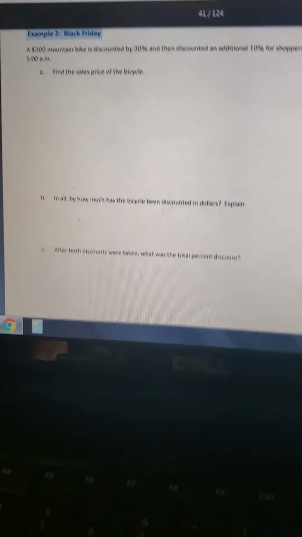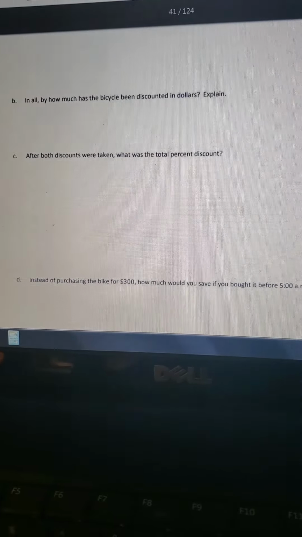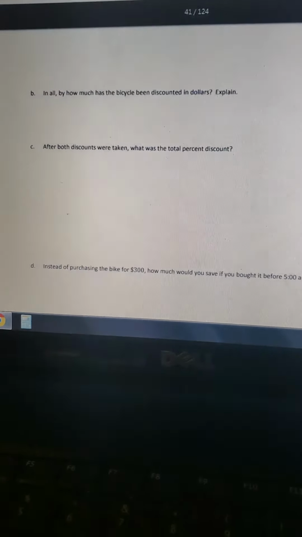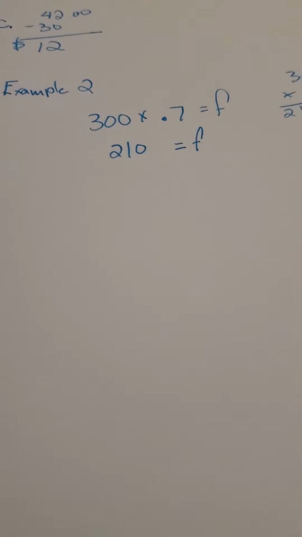Okay, now it says, after both discounts were taken, what was the total percent of discount? Okay, so this one is a little bit more complicated. So they said 30% discount for the sale, but then another 10% off if you buy it before 5 a.m. or something, I believe. So our price right now, the sale price, is $210.